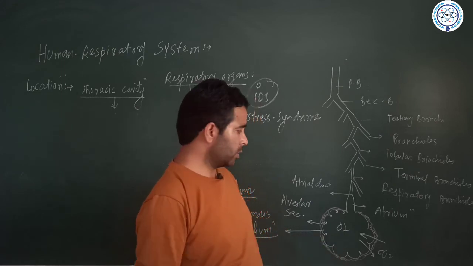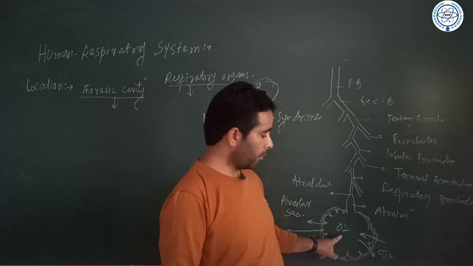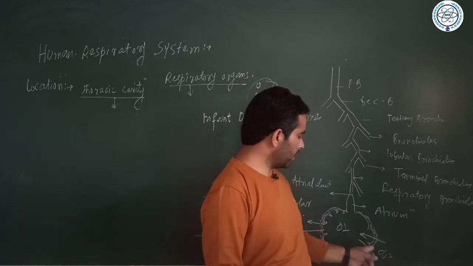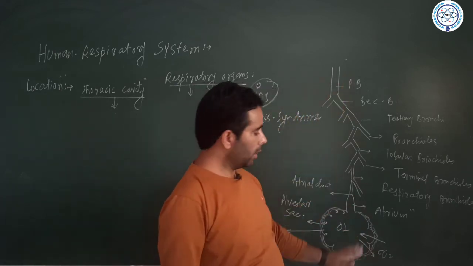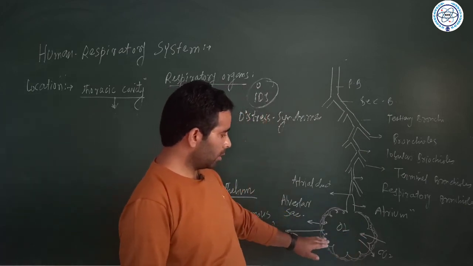So the actual exchange of gases, that is the diffusion of oxygen into the blood and diffusion of carbon dioxide into the lung alveoli for expiration, that occurs in these miniature lungs called alveolar sacs or lung alveoli.